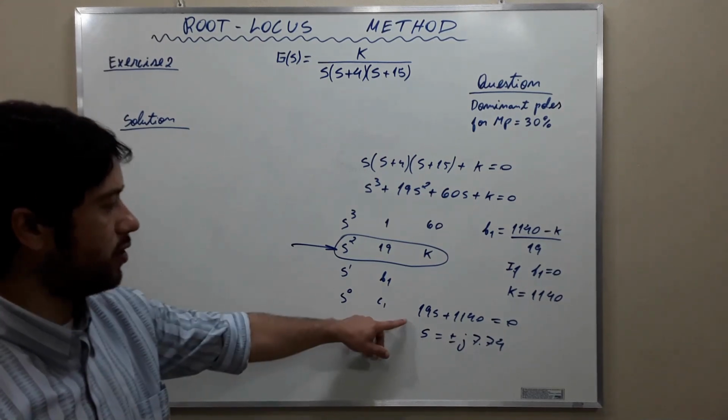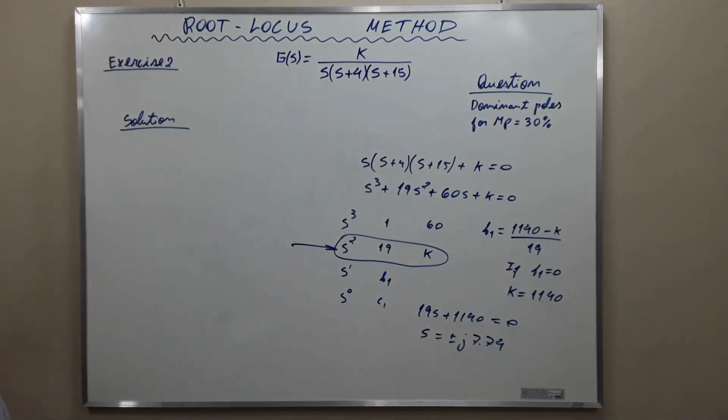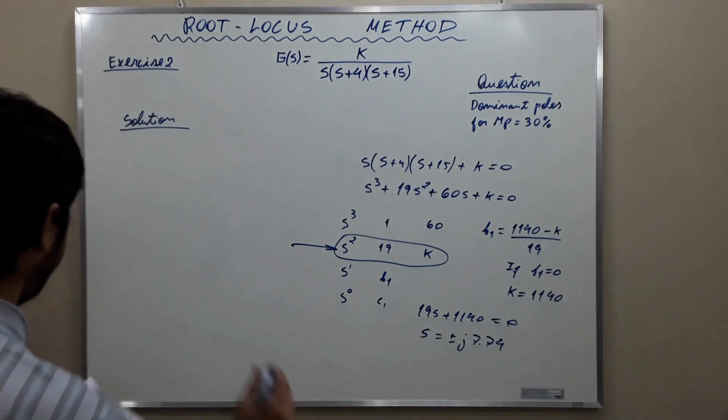This is an auxiliary equation. By making B1 zero, we find K equal to 1140. In making use of the auxiliary equation for the s squared term, we find that s is equal to plus minus j7.74.